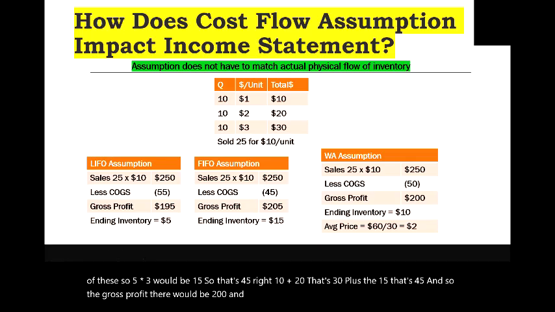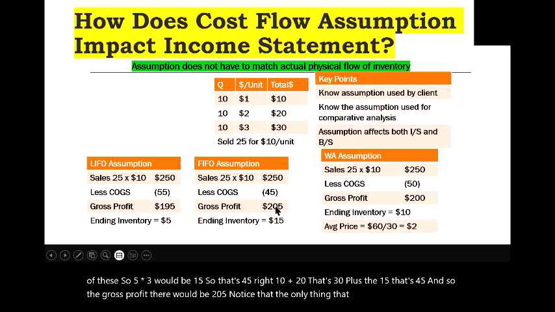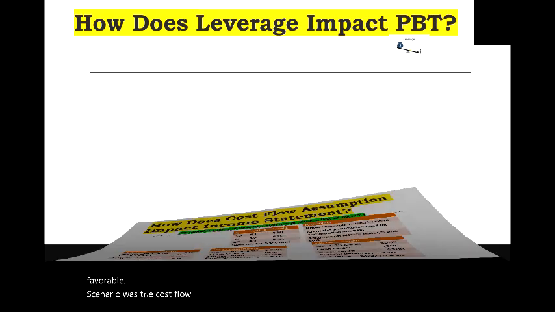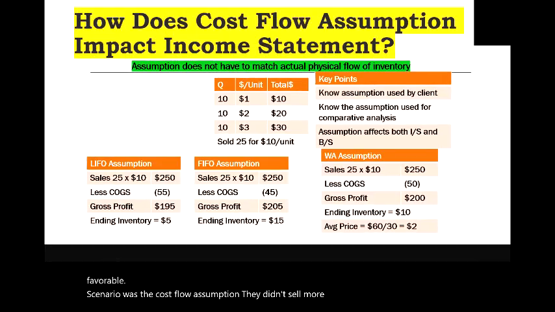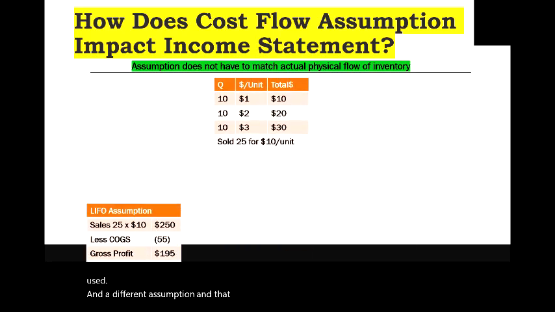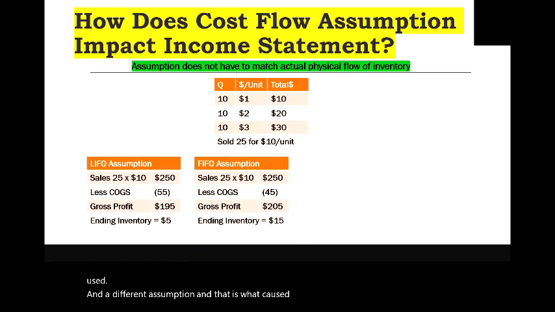Notice that the only thing that caused the more favorable scenario was the cost flow assumption. They didn't sell more or anything like that. They simply used a different assumption, and that is what caused the more favorable performance.